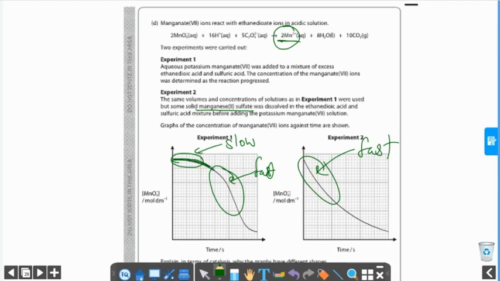The product Mn2 plus produced is a catalyst for this reaction.